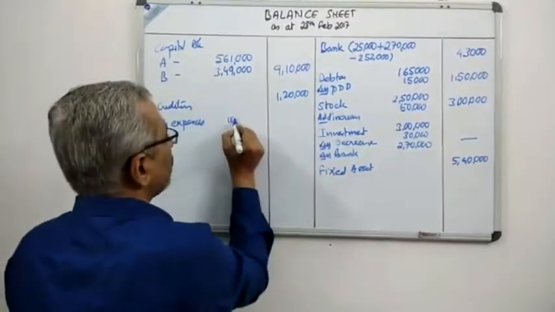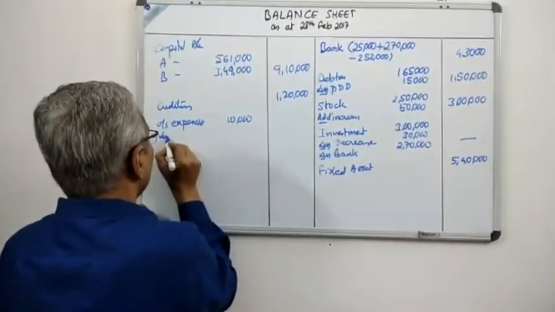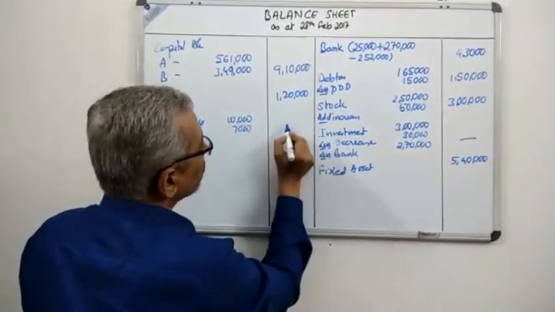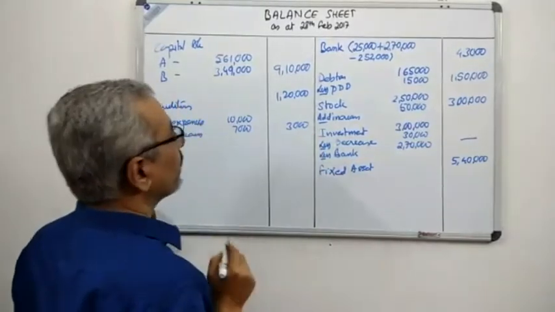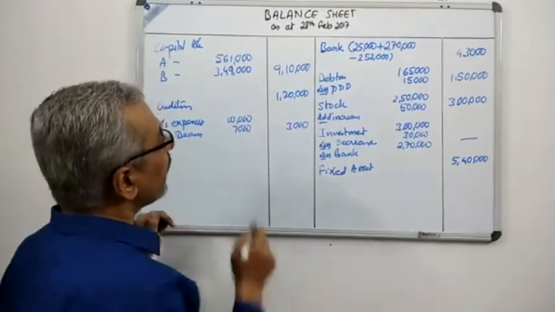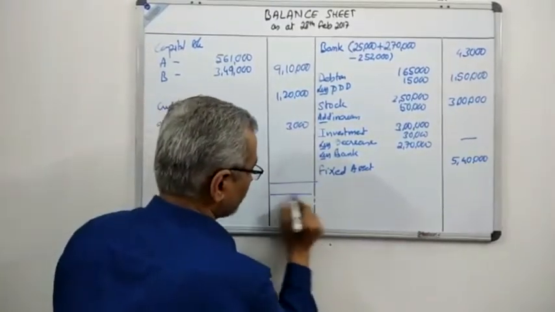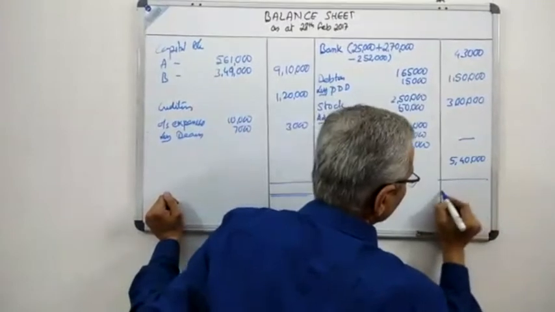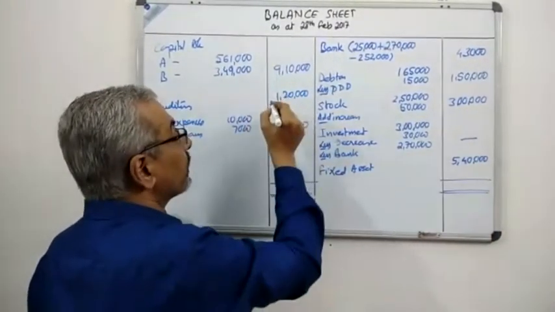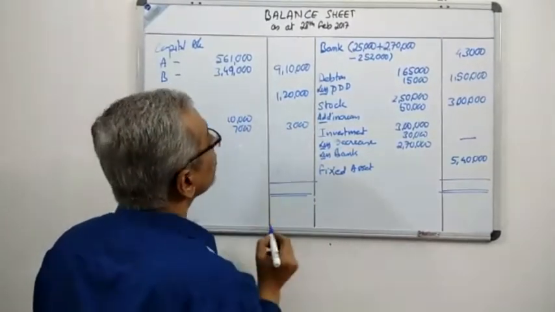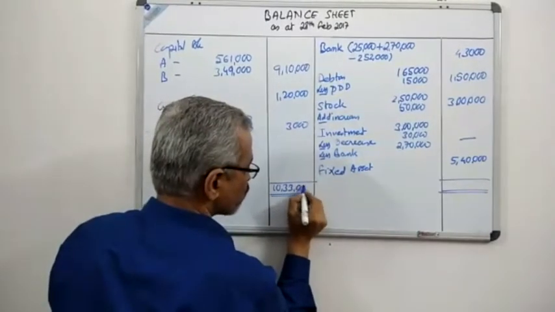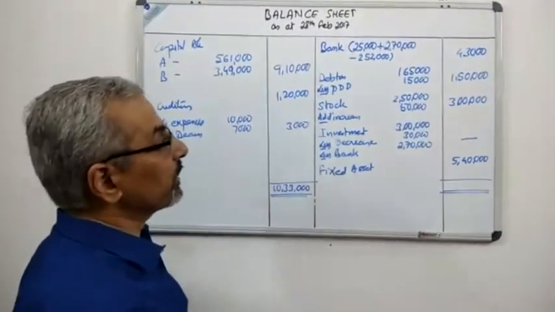Okay, so 10,000 less decrease 7,000, outer column 3,000, and therefore we have 3 figures on the liability side of the balance sheet. Now let us add this and see how much we are having and see if the balance sheet tallies. So 9,10,000 plus 1,20,000 plus 3,000. If you see very carefully, we get 10,33,000.